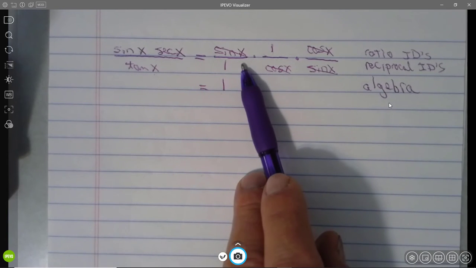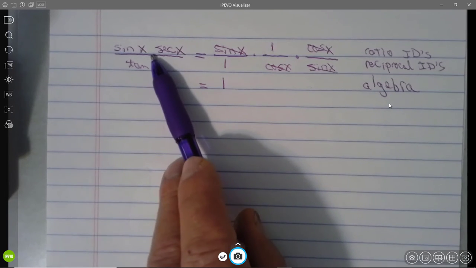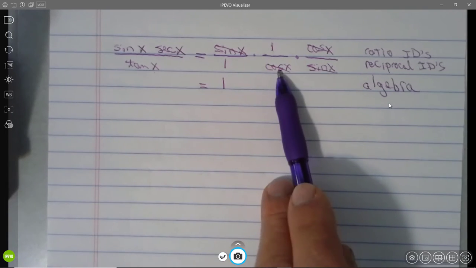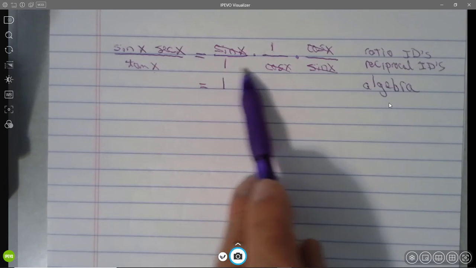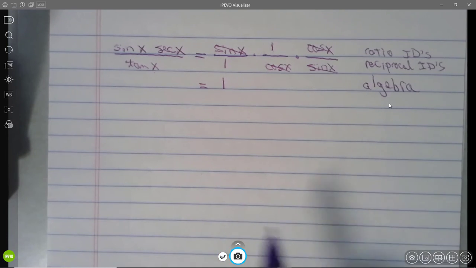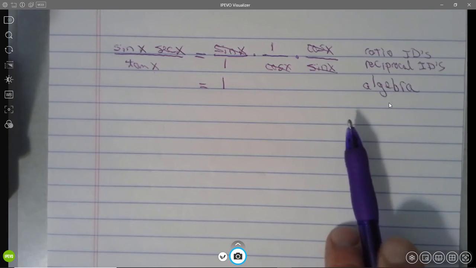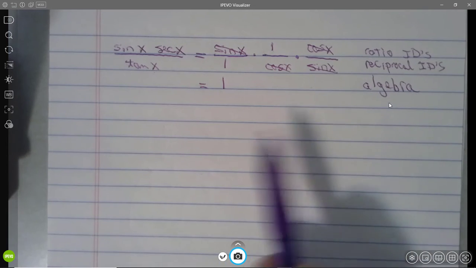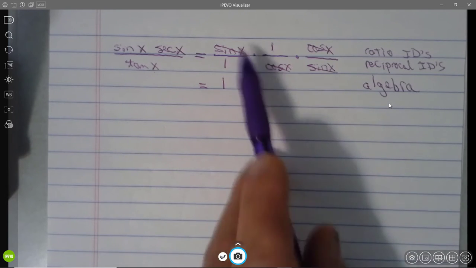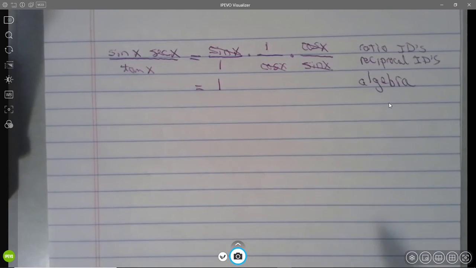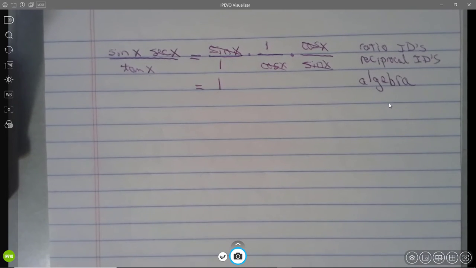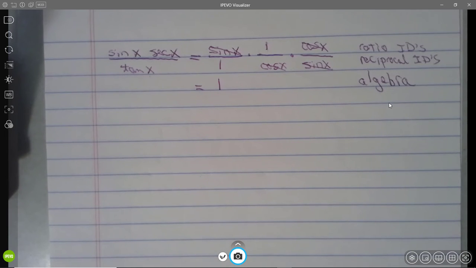So they would want you to take it in two steps, probably something like you go from here to here, converting that secant to 1 over cosine and leaving a tangent in the denominator. Then you take another step where you convert that tangent to sine over cosine, and then the algebra step where you cancel things out and get down to 1. But it will be essentially the same proof, whether you're taking one or two steps to do it. So that's the first example.